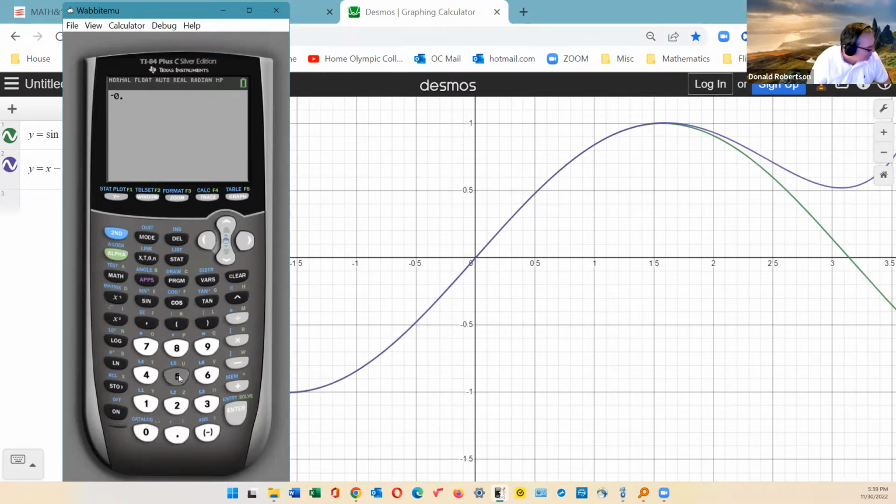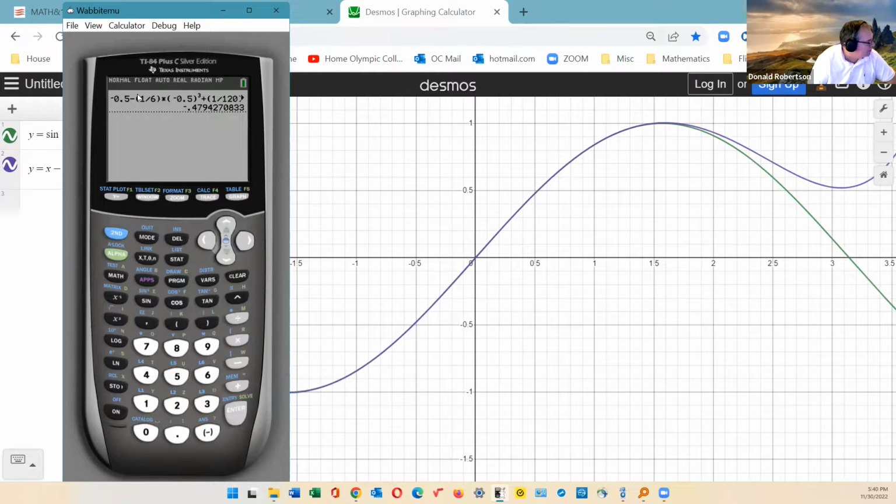Negative 0.5. Subtract 1/6 times negative 0.5 cubed. Add 1/20 times negative 0.5 to the power of 5. No? What did I do wrong?